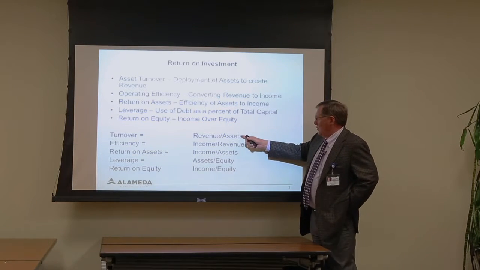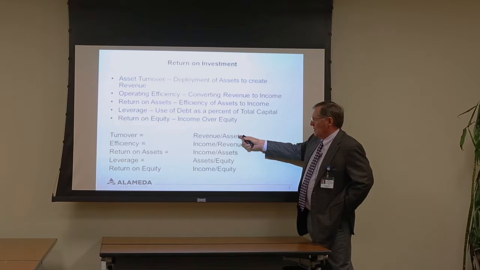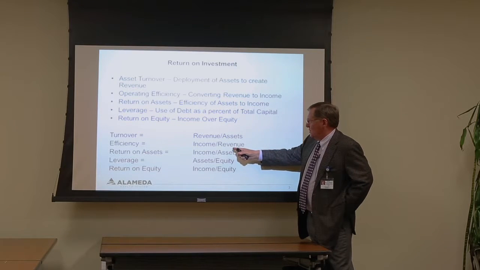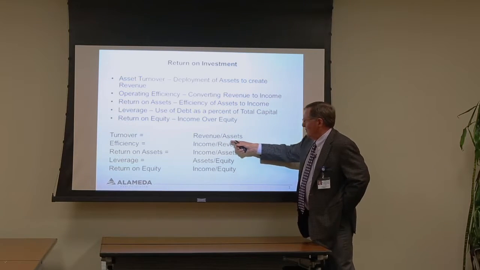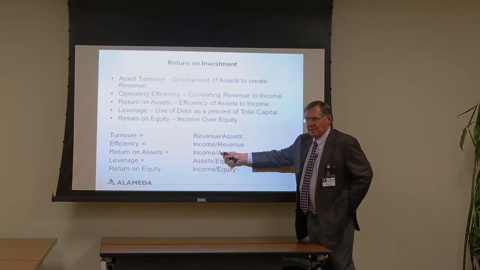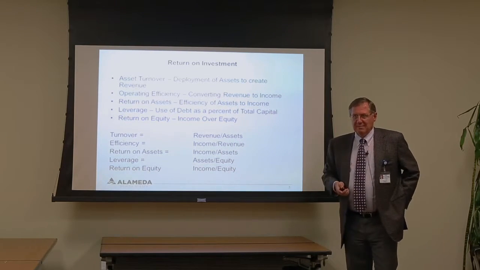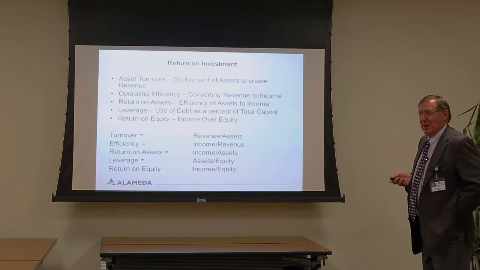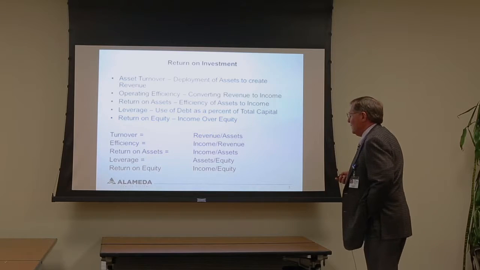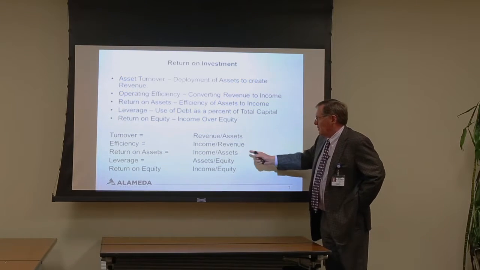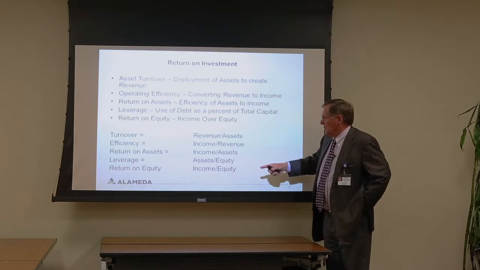If you took these two formulas and multiplied them together, you get this. Because what you do is you strike out revenue, and you have income divided by assets, which is what this is. Okay. So it's like a really neat little mathematical fact. Then that's called return on investment or return on assets.